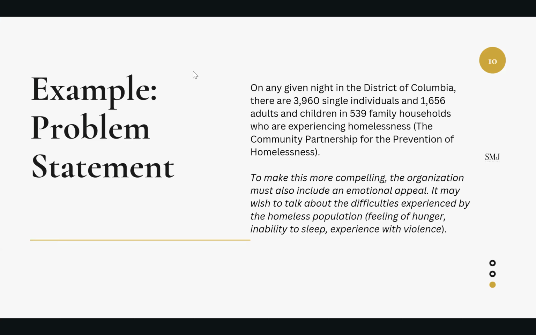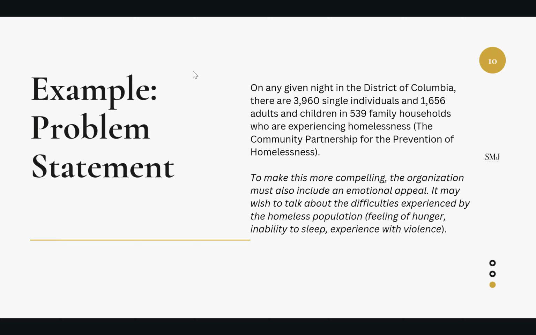To make this example more compelling, the organization can also include an emotional appeal. It may wish to talk about the difficulties experienced by the homeless population, such as describing their incidents of hunger, their inability to sleep, or even highlighting the experience of violence.